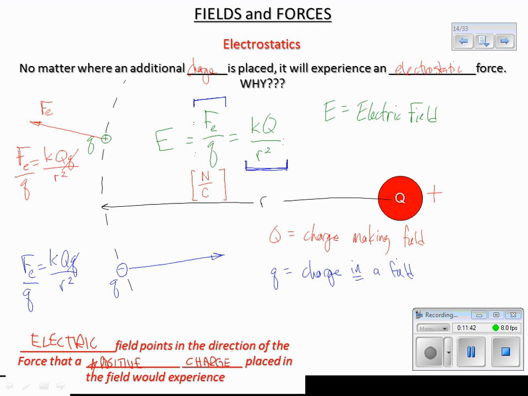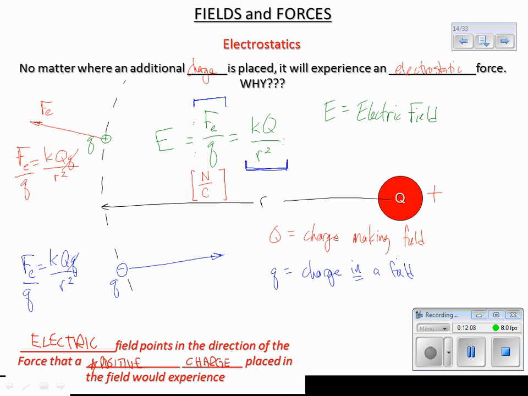All right, the convention for electric field is that it points in the direction of the force that a positive charge would feel. So notice, our little green charge up here, the force that it feels is away from our big positive red Q. That means that by definition, at that location where the green Q is, electric field points up and to the left.